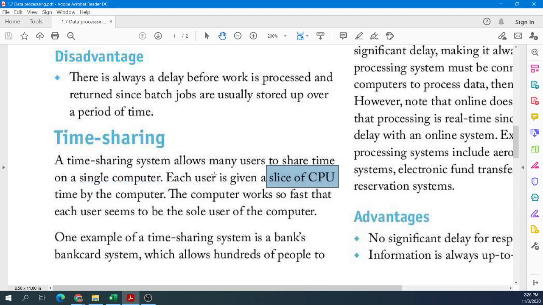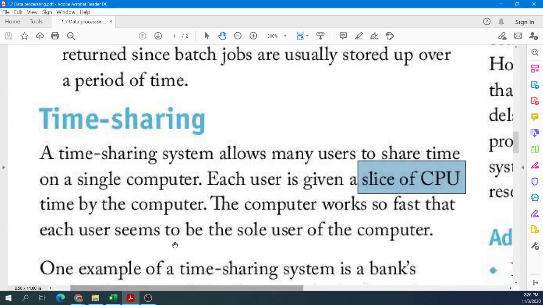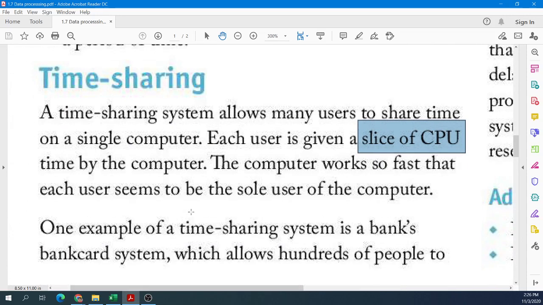If you can remember in the CPU, when we looked at it, the CPU is what is used to process your data. And the CPU, I would have mentioned, is so fast that it can process faster than it can receive data. So that is why you can basically divide up the CPU now so that different persons can be able to use the CPU at the same time.